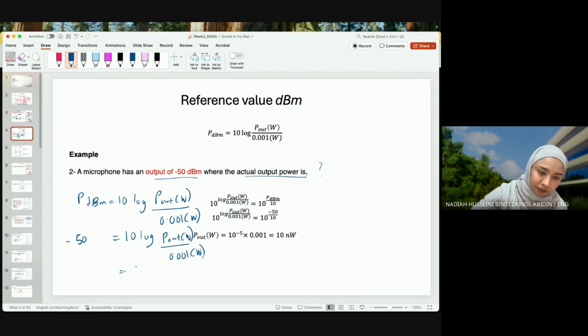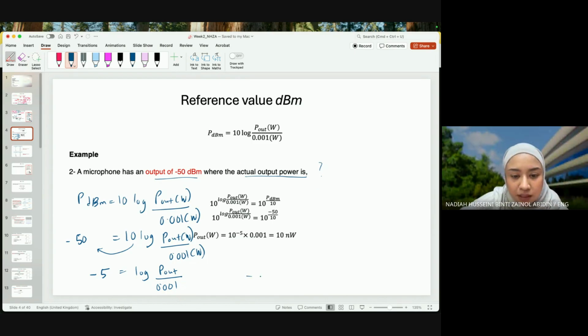I'm not happy with my handwriting. Okay, so minus 50 divided by 10. You bring this over here, so what you get is minus 5. Then you're left with minus 5 equals log P out over 0.001. How do we get rid of log? Remember, I told you if we want to get rid of log, we need to do the exponential on both sides.